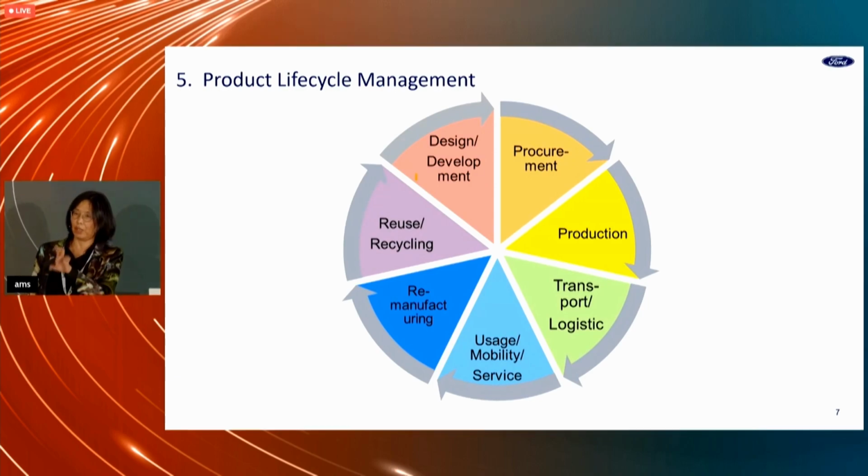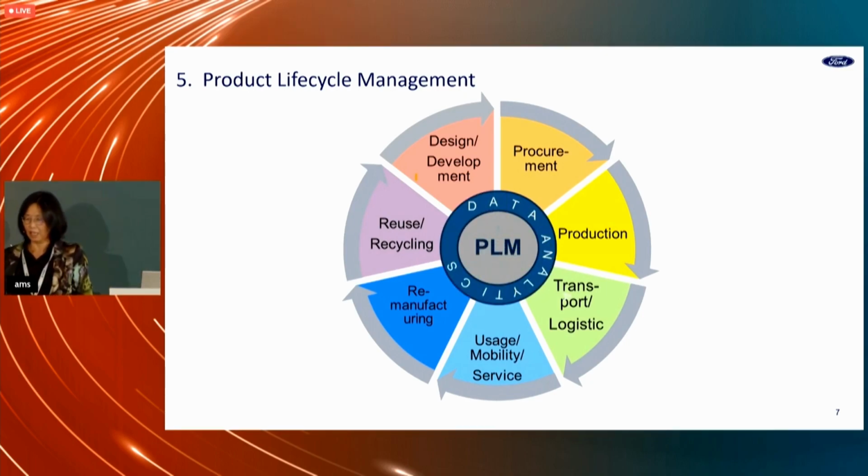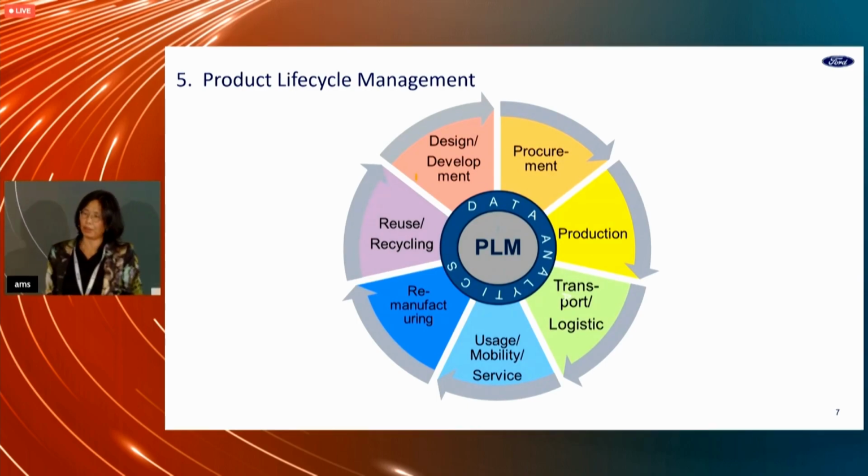Here we have a lot of mobility data. And then after the customer uses the vehicle, it goes to remanufacturing or recycling. During all these phases, we have a lot of data. And if we can analyze this data, then we can have a very robust product life cycle.